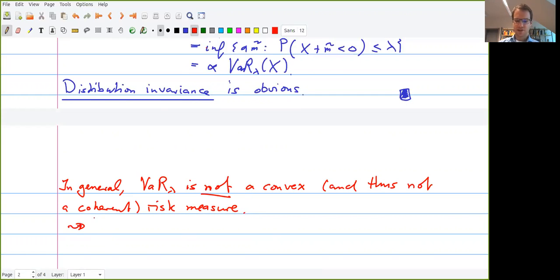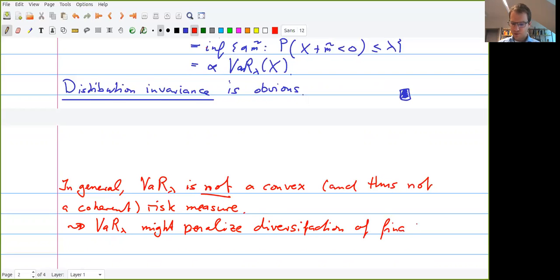So what does it mean here? There are situations where the value at risk might penalize that we take a diversification of a financial position.